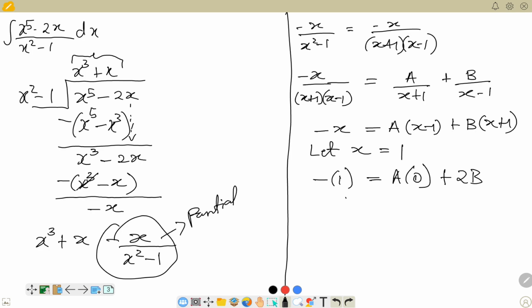Then solving this will give us b is equal to negative 1 over 2. Then secondly, we can let x be negative 1 in this equation again.